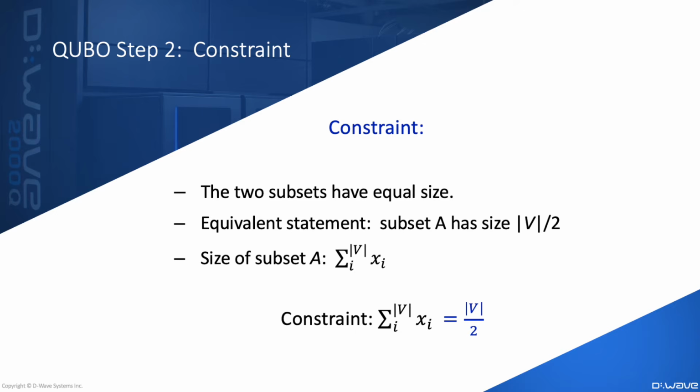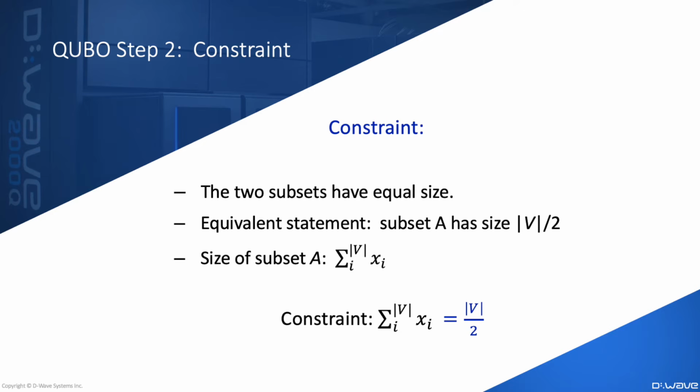The constraint is that the 2 subsets have equal size. An equivalent statement is that subset A has size V divided by 2, where V is the number of vertices. The size of subset A is the sum of all those x sub i's from i to V. And this to me is very clever.